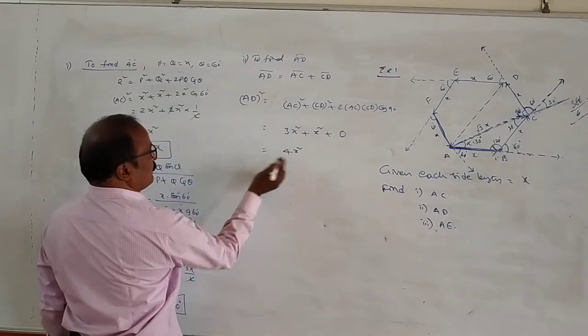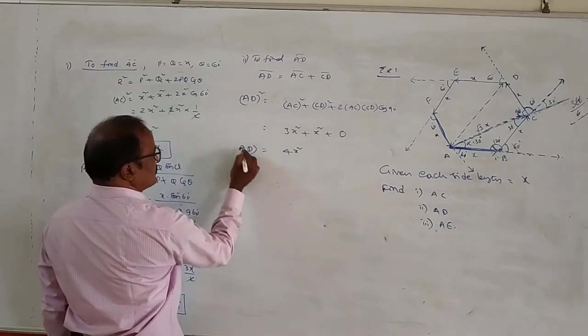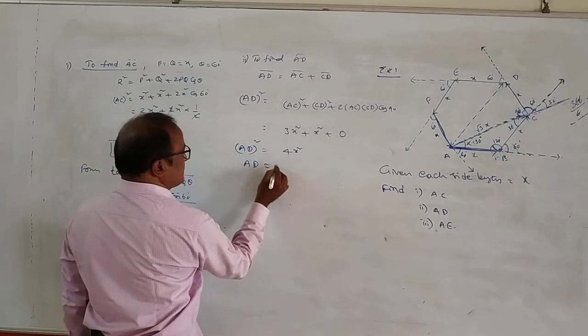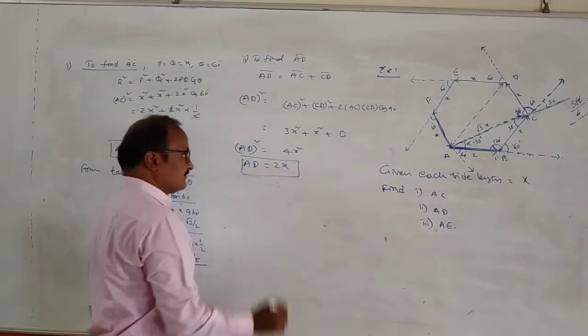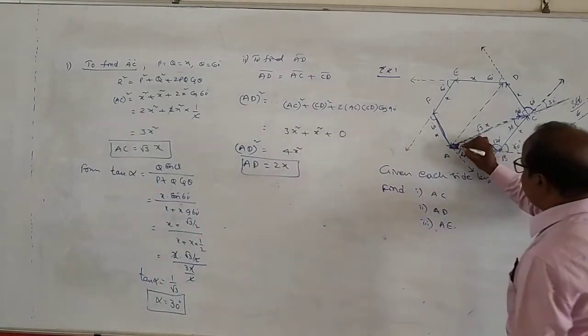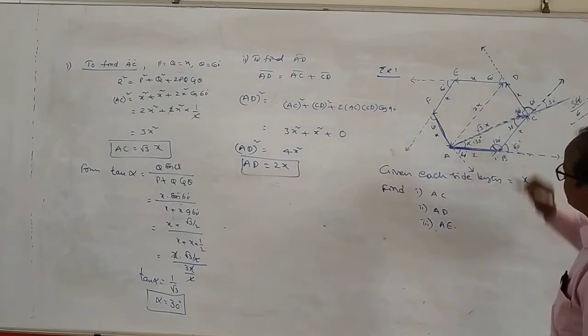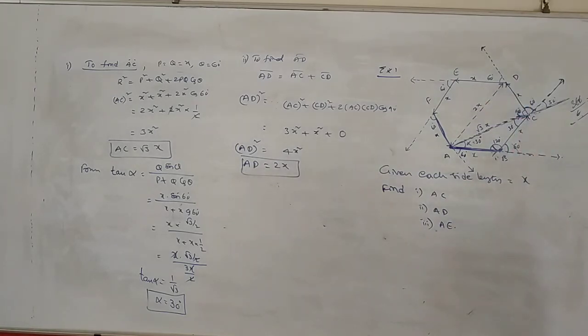AC square is equal to 4x square, so AD square is equal to 4x square, or AD is equal to 2x. The value of AD should be equal to 2x.